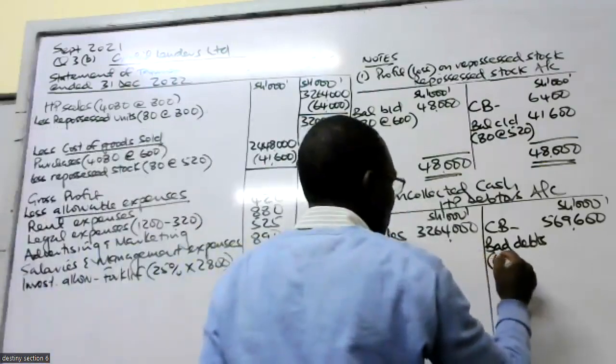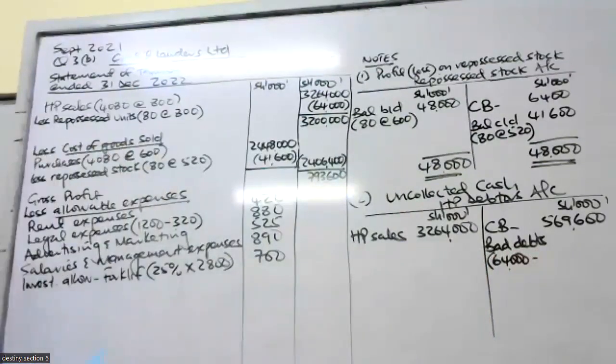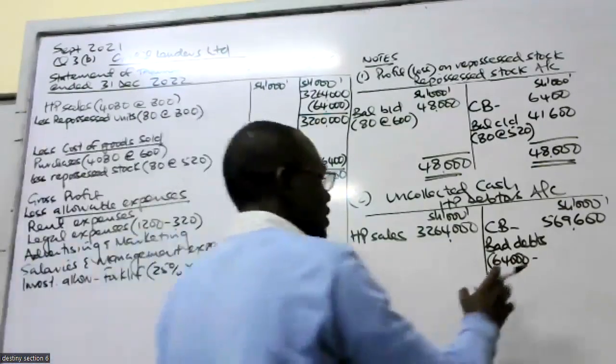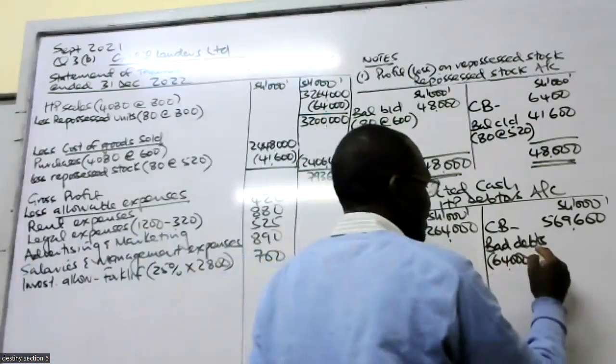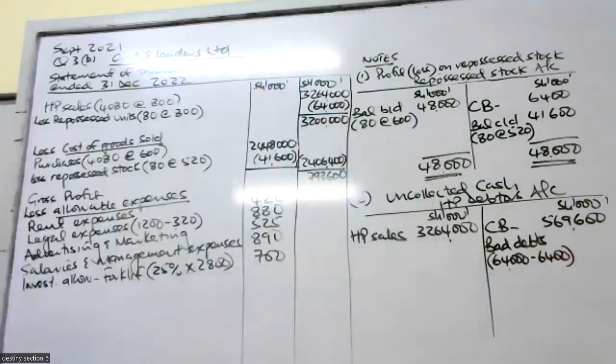Out of that, the only cash a customer had paid is 6,400, it was 6,400,000 in note 4. And then the goods were repossessed. So the rest will be bad debts because we are not in a position to collect, because the goods are already back in the company.